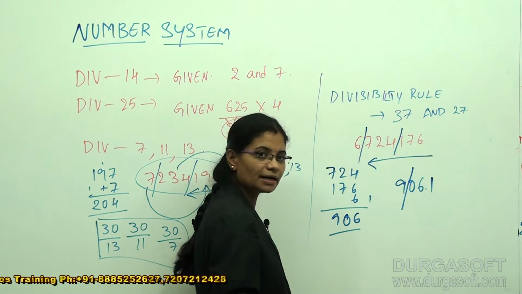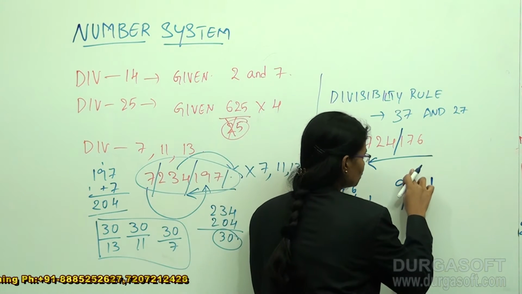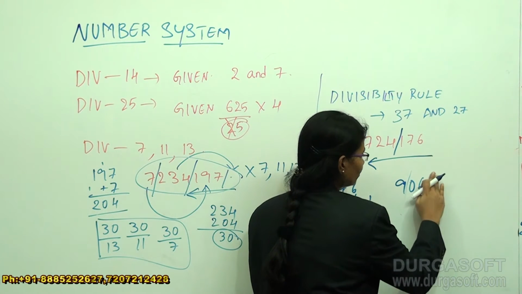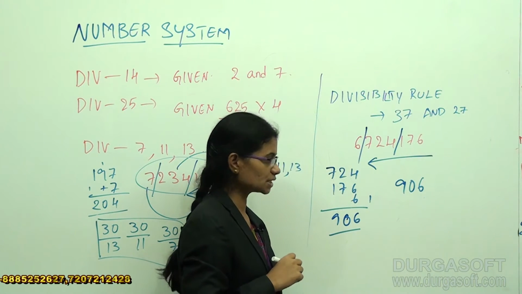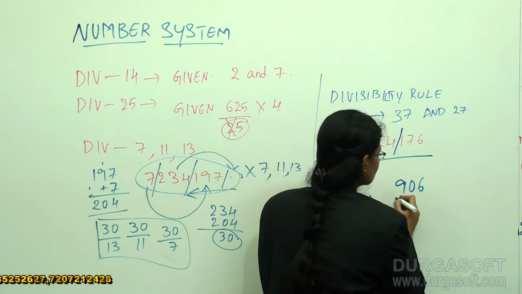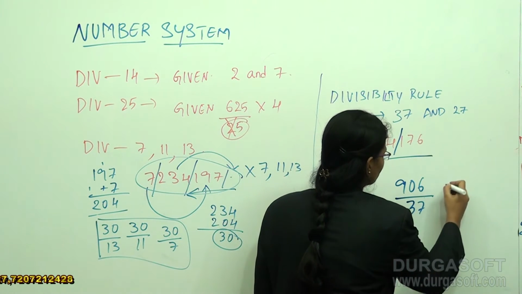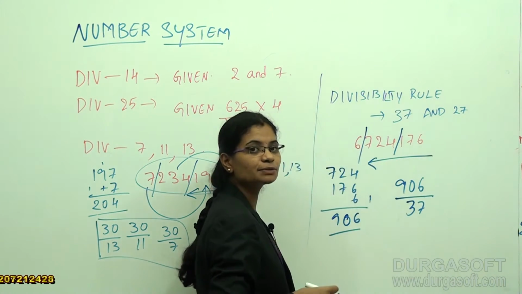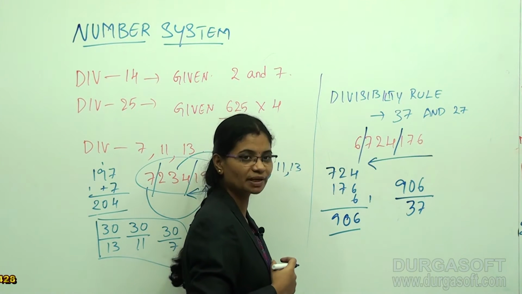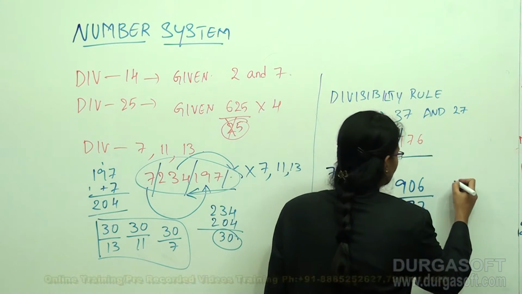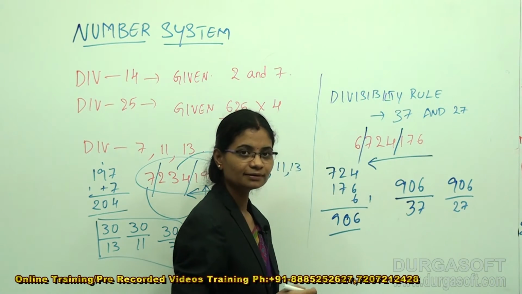Then again add that and make it into a 3-digit number, or else you may get a 2-digit number, right? So now here we did not get a 4-digit number, so we are left with 906. Now check whether this 906 is divisible by 37, or if you are checking the divisibility rule for 27, check whether 906 is divisible by 27, right?